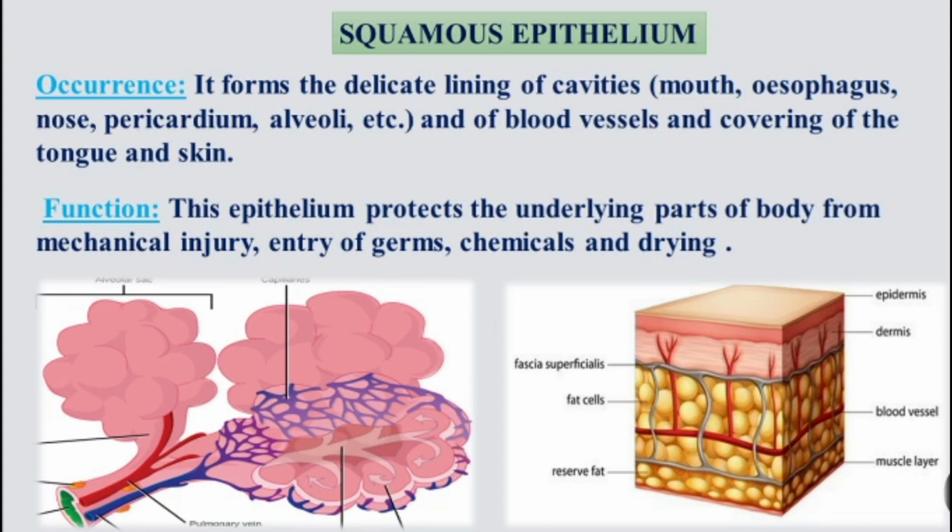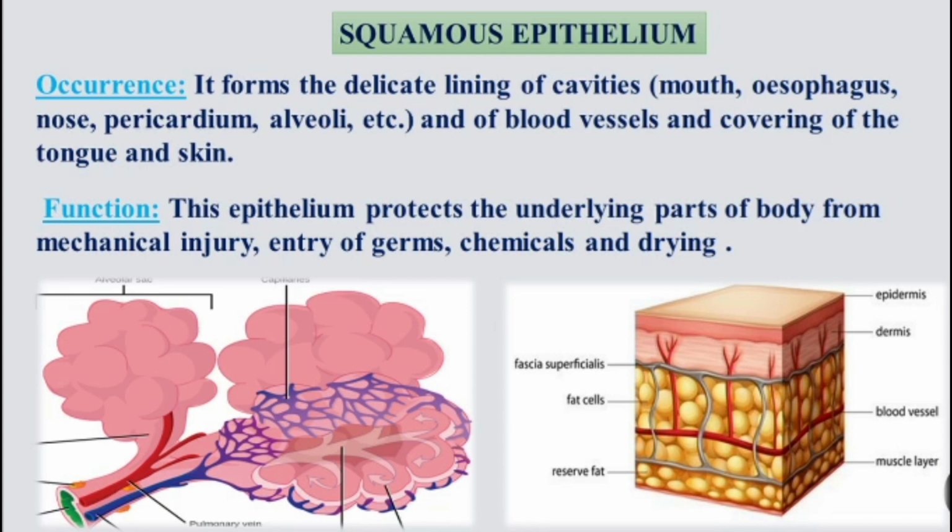The pericardium is present in the heart. It's the outermost double layer membrane that is called the pericardium, and alveoli are present in the lungs. It also lines blood vessels and covers the tongue and skin.